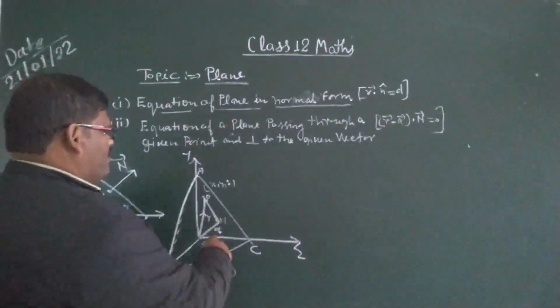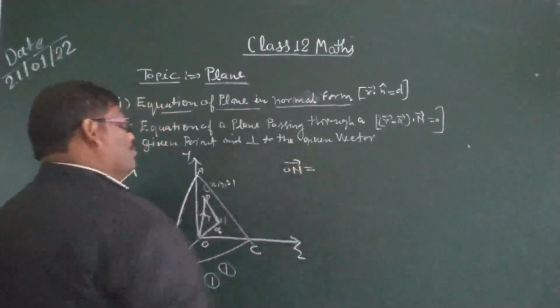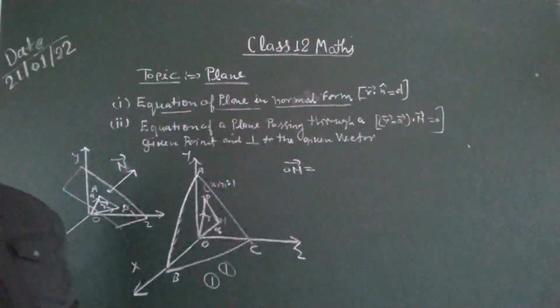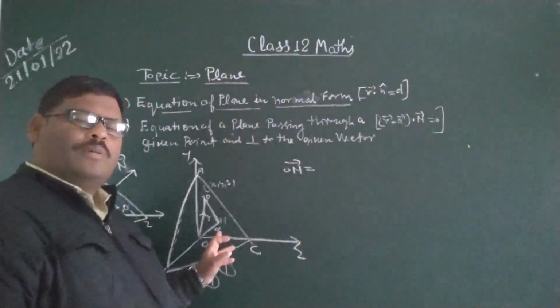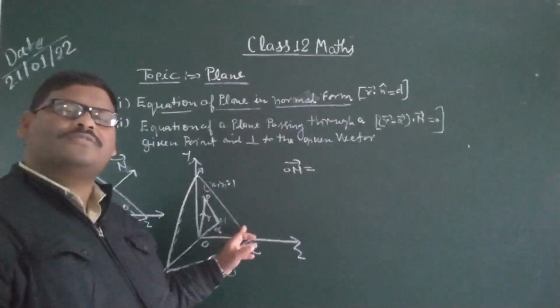Therefore, we can write vector ON is equal to, as you know, the unit vector multiplied by the magnitude of the vector in the direction.